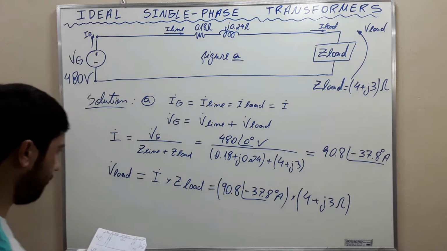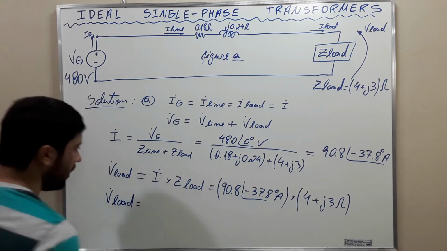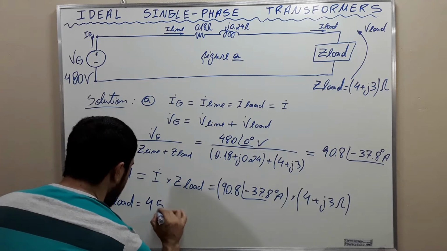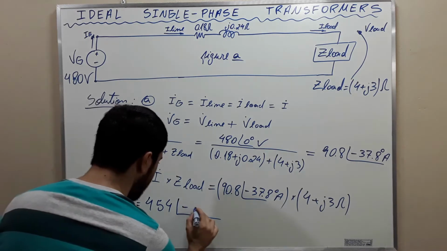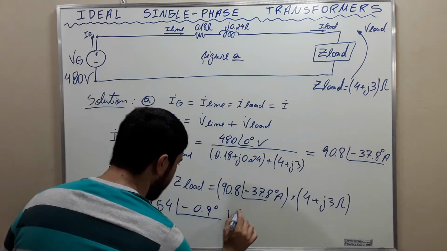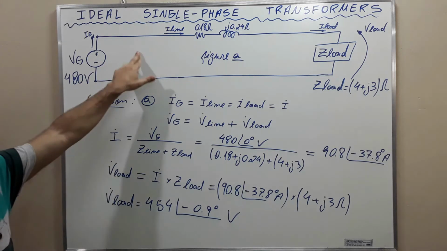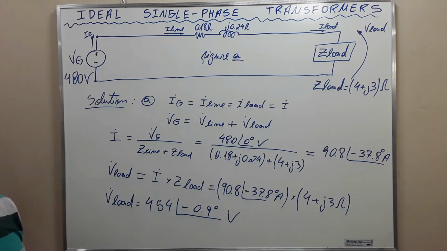And then we find a value equal to 454 in the phase negative 0.9 degrees volts. Okay? This is the voltage at the load when there are no transformers participating in the system.